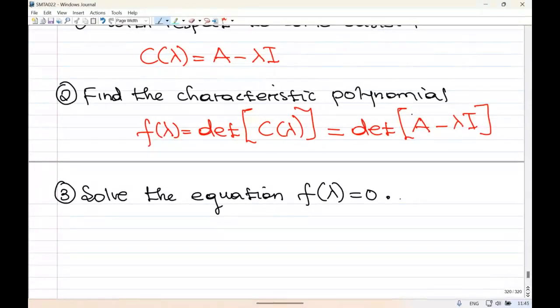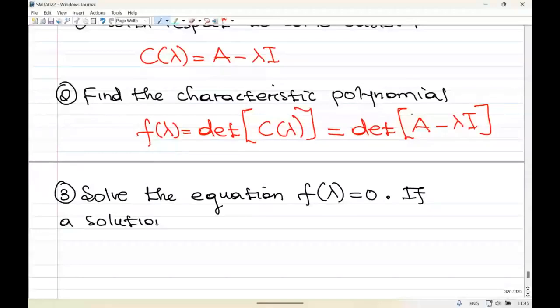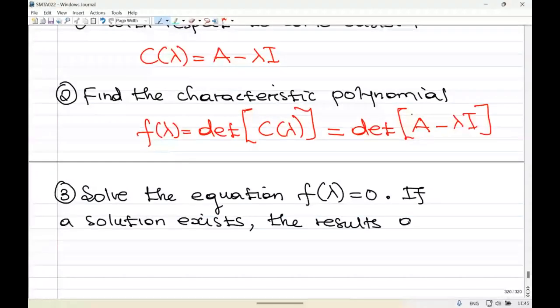If a solution exists, the results are the eigenvalues.